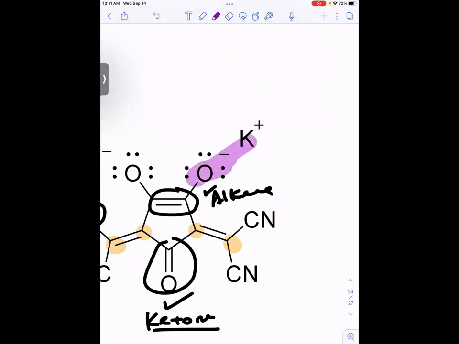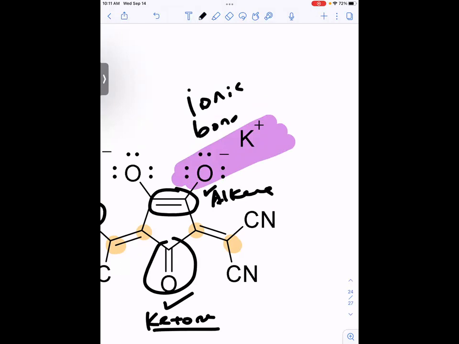This oxygen is negative, the potassium is positive, and so they hang out together, because each one is attracted to the opposite charge of itself. So potassium being positive is attracted to oxygen. Oxygen being negative is attracted to potassium. Let me fix that.